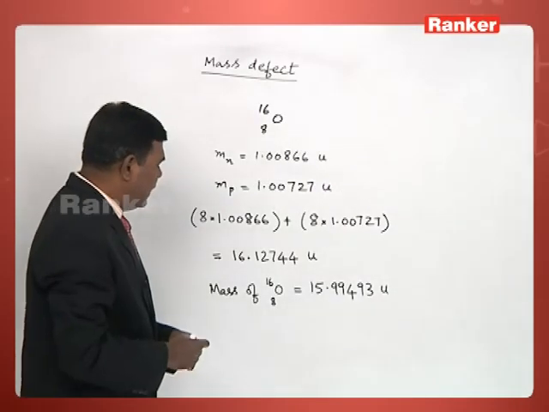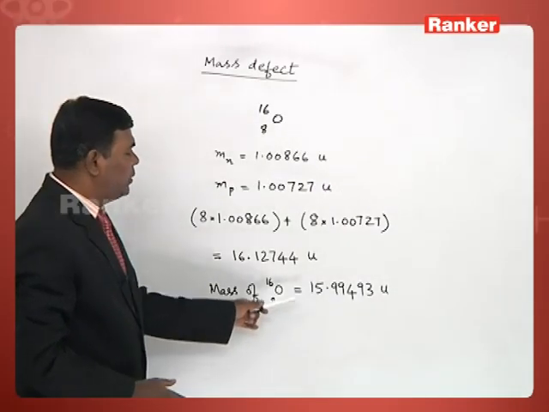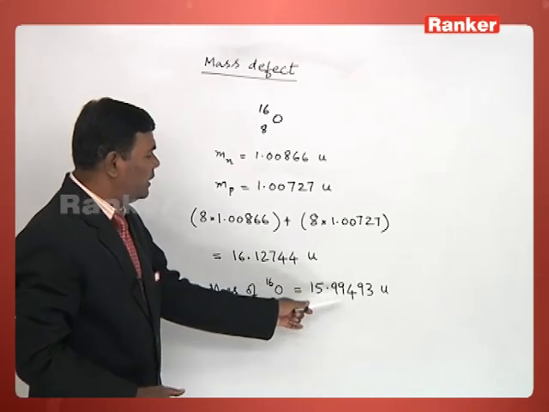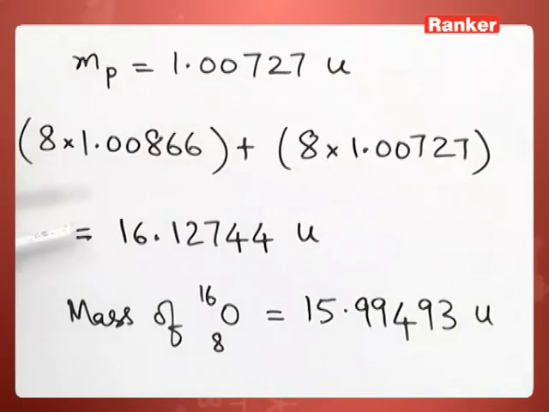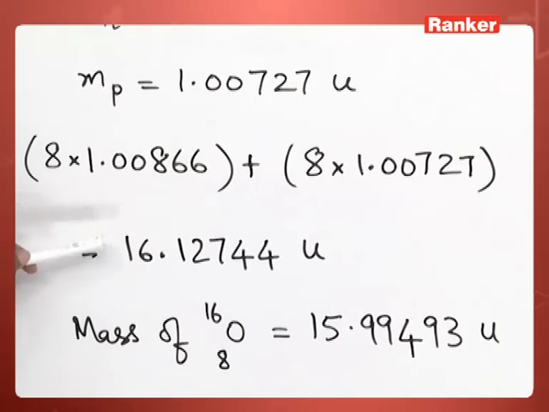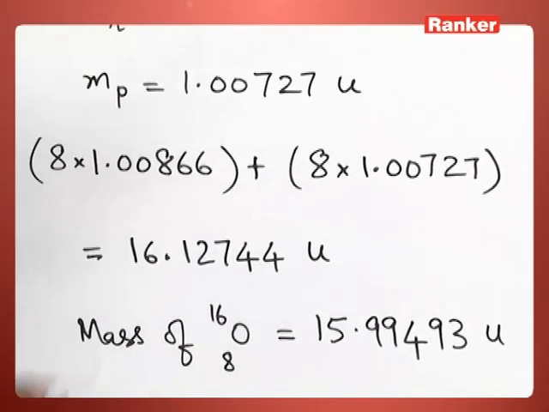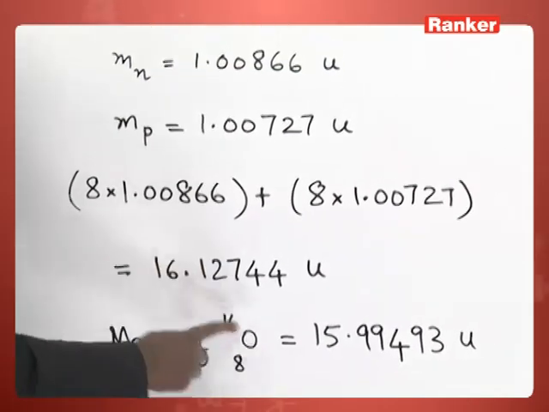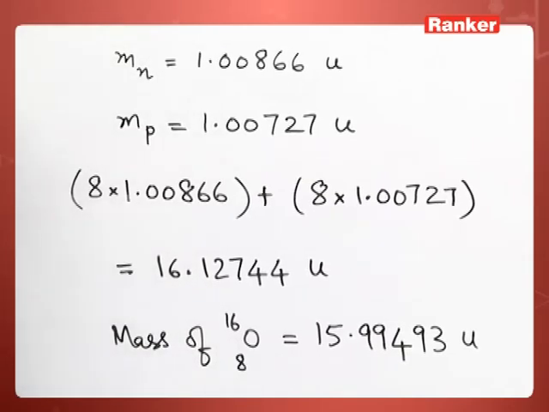You can clearly see that the actual mass of the oxygen nucleus, 15.99493, is less than the theoretically calculated value 16.12744 U. So the difference in these two masses is known as mass defect.